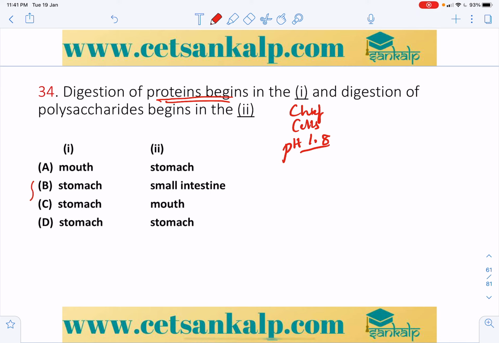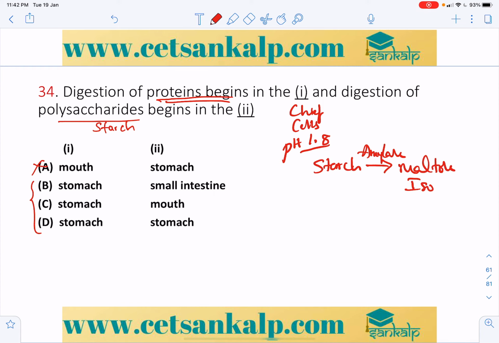We have these three, so we eliminated this. Next, digestion of polysaccharide, that is starch. In the presence of amylase, starch gets digested, giving maltose, isomaltose, and dextrin.